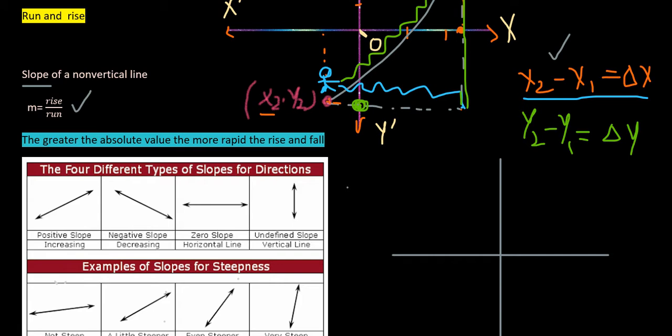As I described before, if m is a positive value, and it has a greater value, we can say that the rise will be rapid. And if it is a negative value, then we can say that the fall is more rapid in the falling direction.